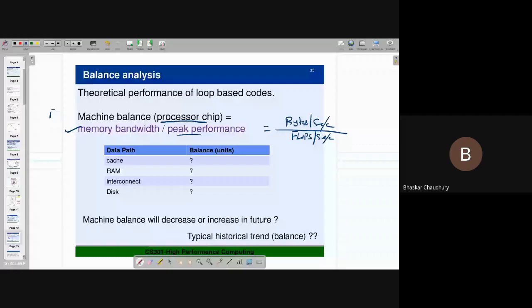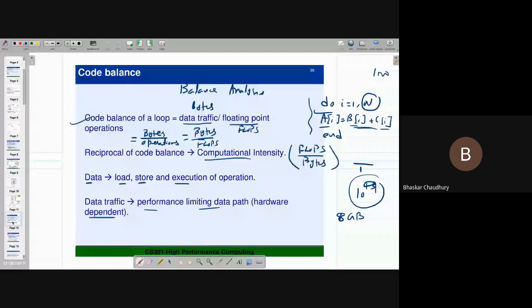The notation we typically use is B_m, and for the code balance we typically use B_c. Interestingly, both have the same units: bytes per flop. Code balance is more like a programmer's perspective, and machine balance is more like an architecture perspective, the machine balance of a processor or the machine itself, again in bytes per flop.